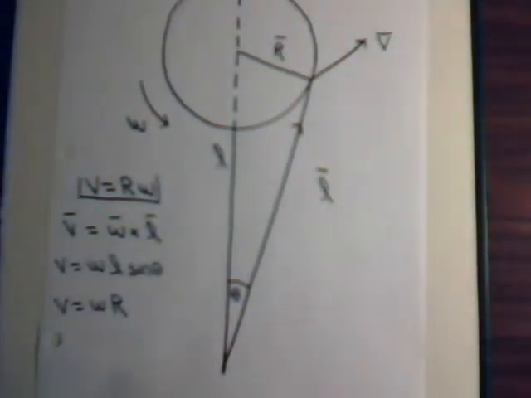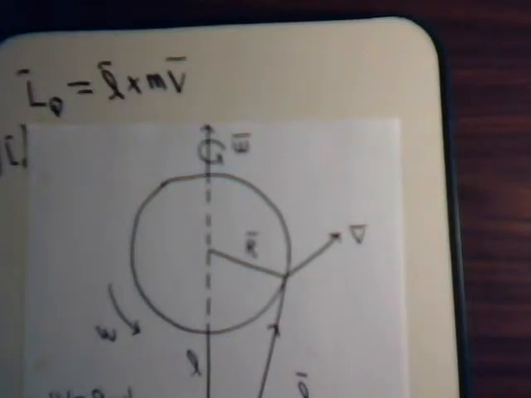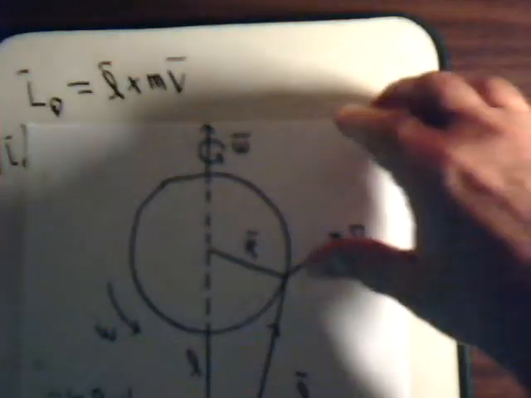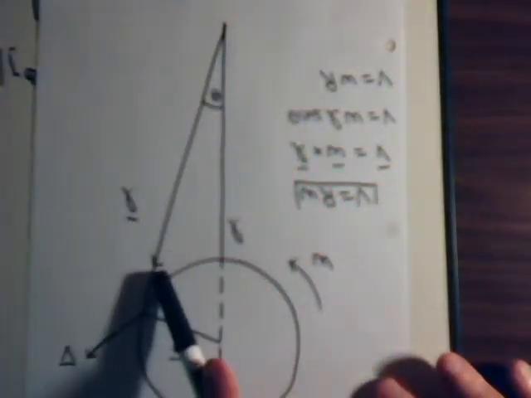So the tangential velocity v is always going to be perpendicular to the radius vector for the circle, and it's perpendicular to L. So if we turn this upside down to get a conical pendulum, here's the velocity perpendicular to the radius for the circle, but it is also perpendicular to L, which is our rope where the mass is suspended from.